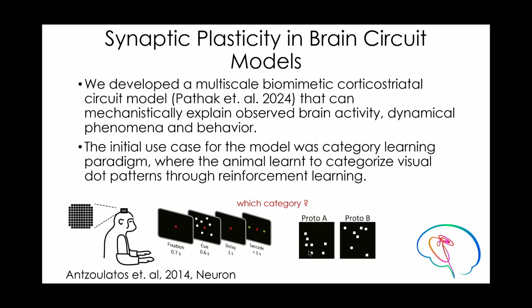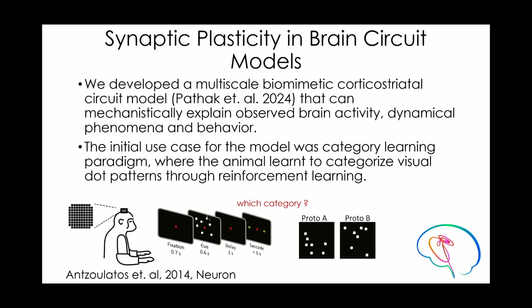And these are the two prototypes that generated all the stimuli. Of course, the monkey had never seen the prototypes, but the challenge was to come up with a categorization rule that can distinguish between these things.